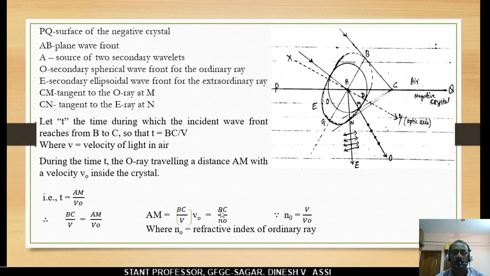This is equal to BC by the refractive index of the ordinary ray, because the refractive index of the ordinary ray is given by the velocity of light in air to the velocity of light in the medium, nothing but the velocity of the ordinary ray inside the crystal. This is according to the definition of the absolute, or relative, refractive index, where n naught is the refractive index of the ordinary ray.